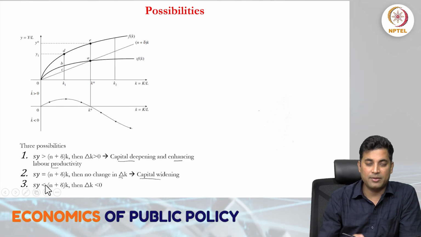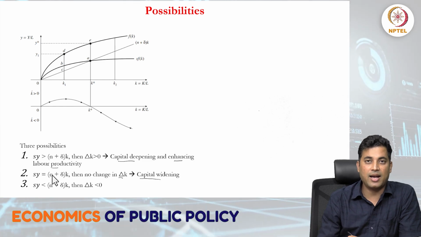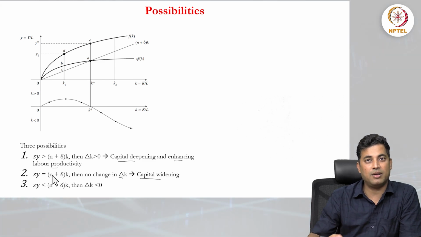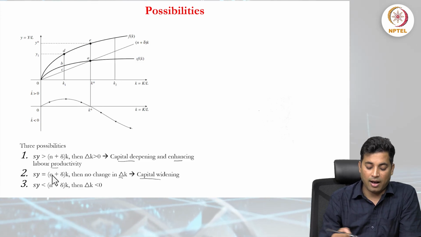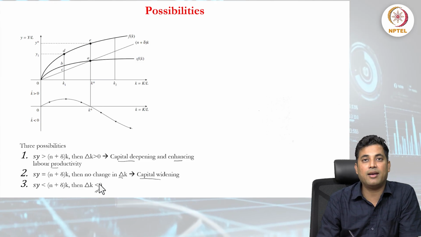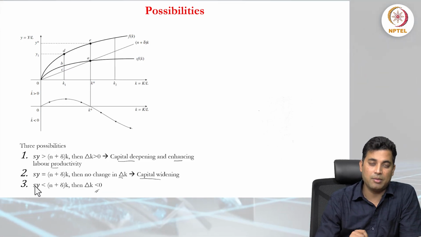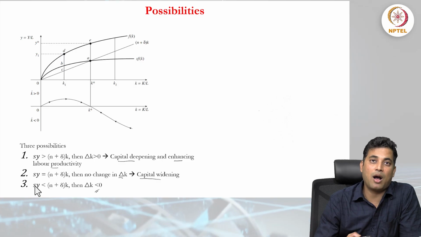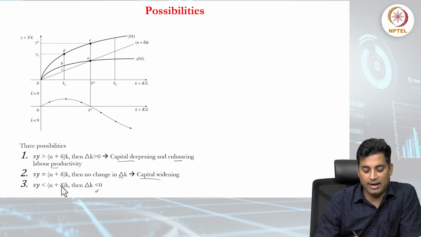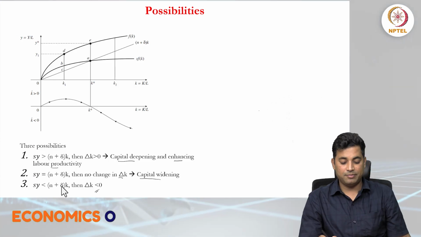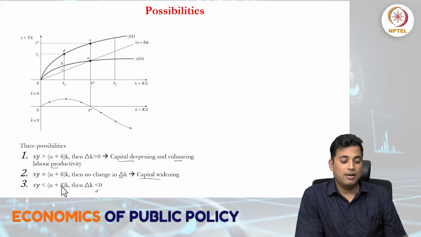The savings rate increases, and population growth and depreciation combined also increase at the same rate. The other possibility is when delta k is less than 0, when small s, savings per output, is less than (n plus delta) k. So these are the three possibilities in the Solow model.